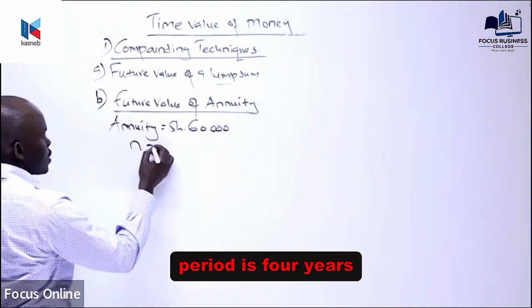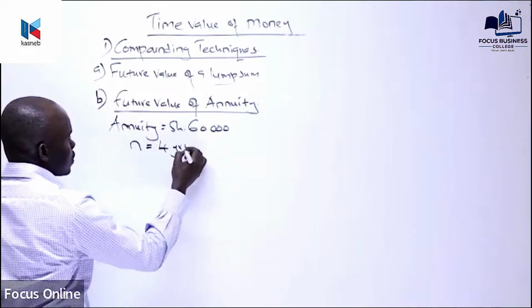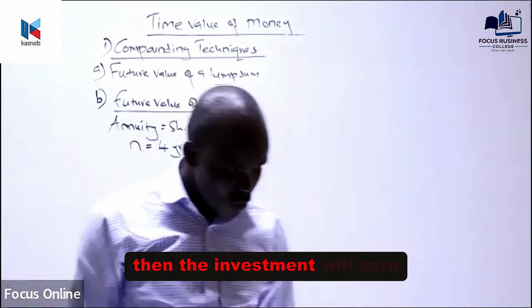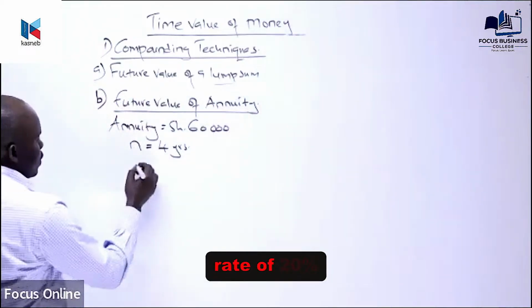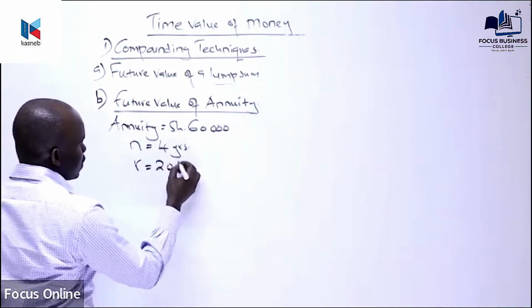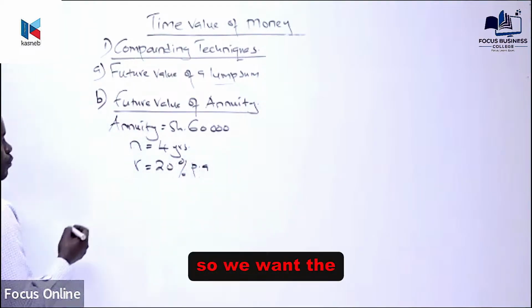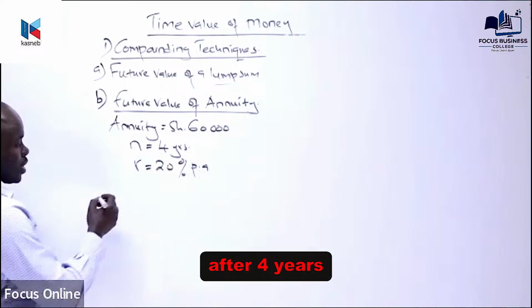The period is 4 years. The investment will earn interest at a rate of 20% per annum. So we want the value of the investment after 4 years.